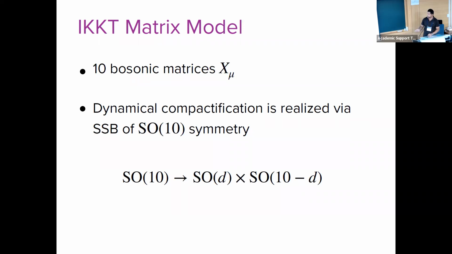The breaking could be SO(10) into SO(D) cross SO(10 minus D), and D could be anything less than 10. So the breaking is happening dynamically. Can we see this spontaneous symmetry breaking pattern through complex Langevin simulations? That is the idea.